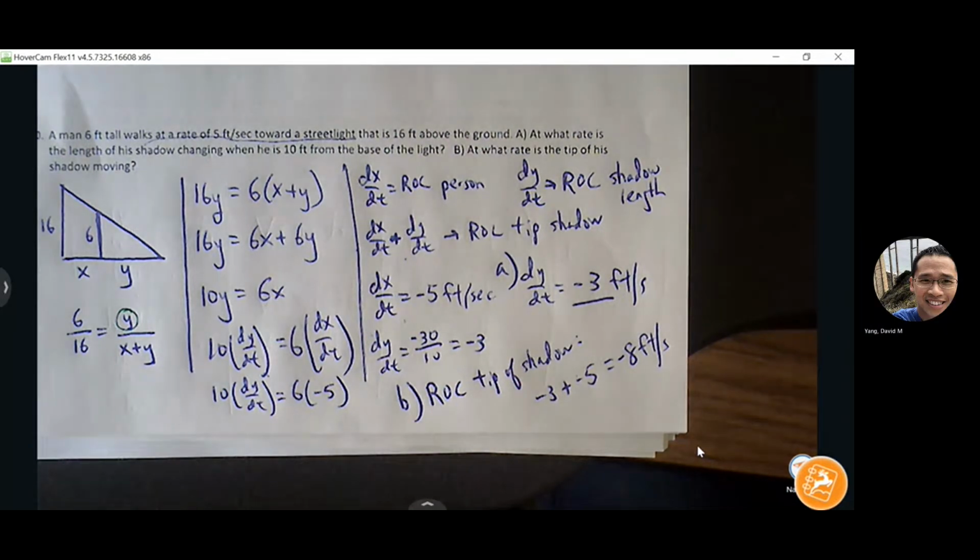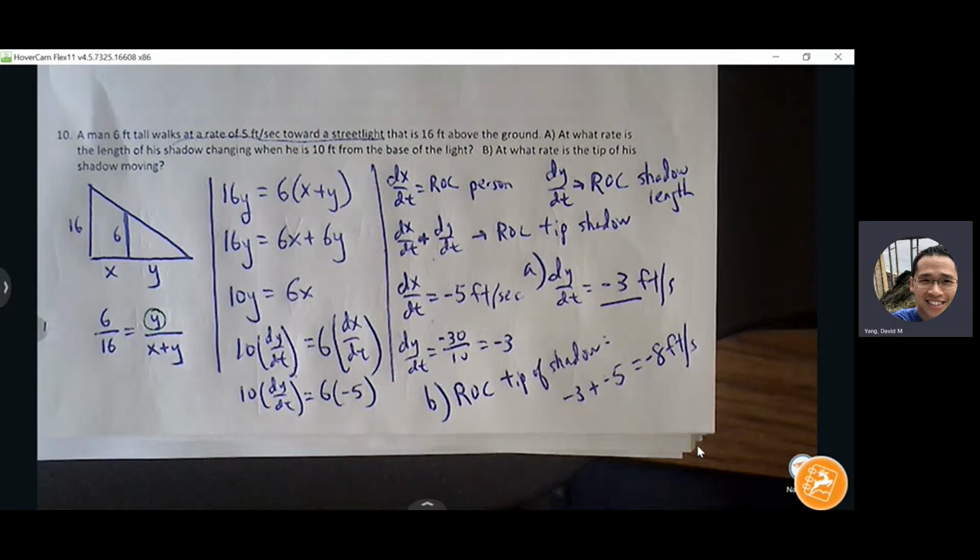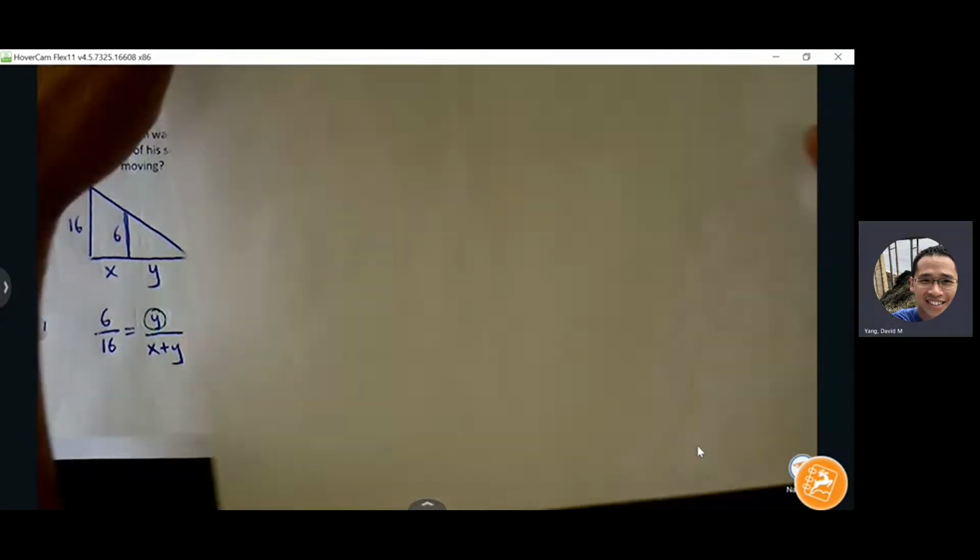Okay. Use the space for number 9 for this, because I want to extend this problem a little bit more. Any questions so far? So 10C here.